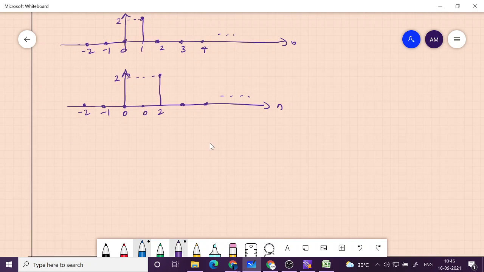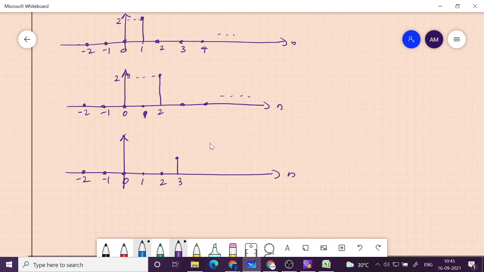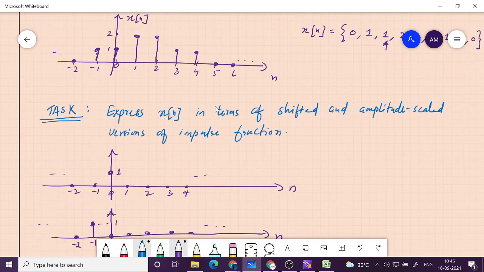Then again continuing this exercise. 0 at -2, 0 at -1, 0 at 0, 0 at 1, 0 at 2, and then I have 1 at 3, 0 at 4, 5, etc. So this is 1. At 3 I had 1, and just to be sure I am showing this level like this.